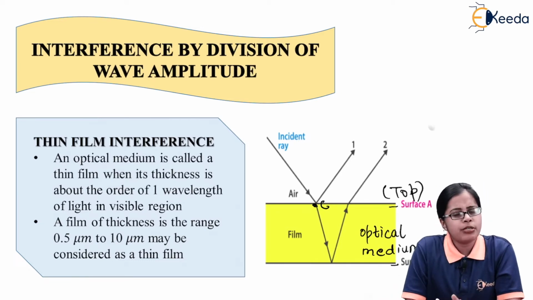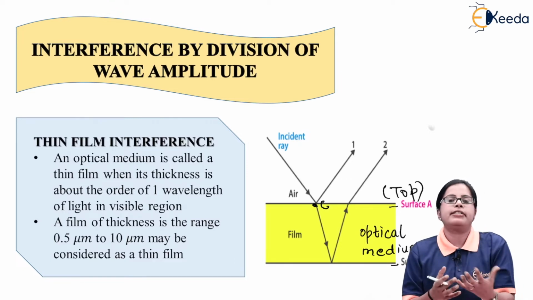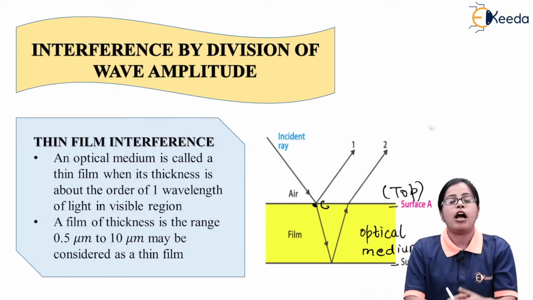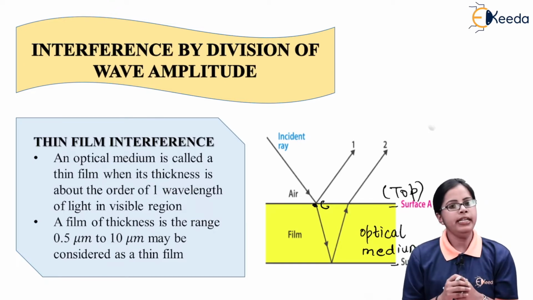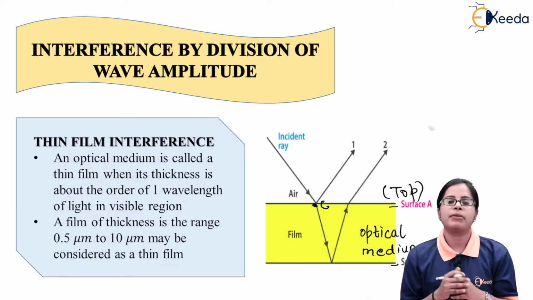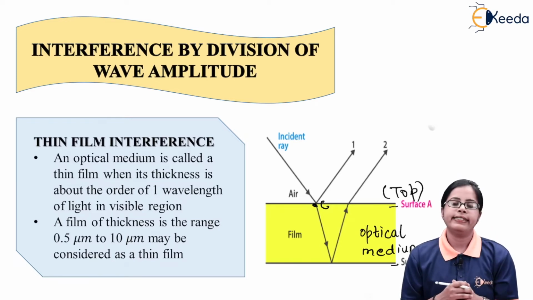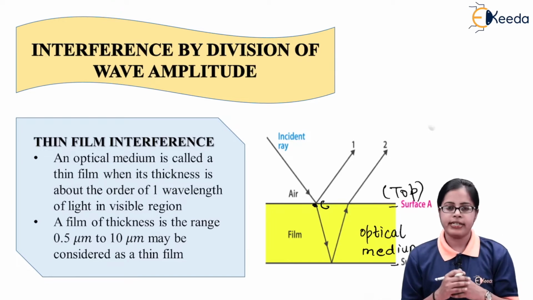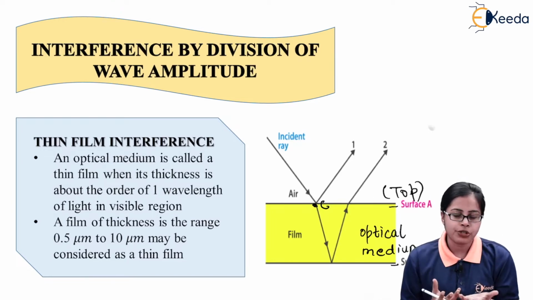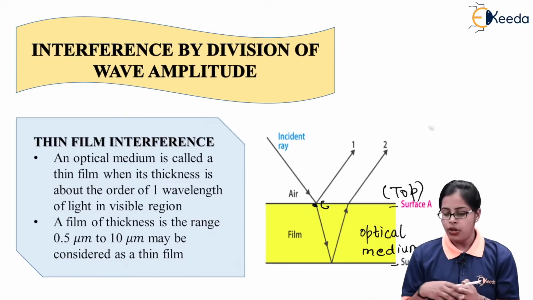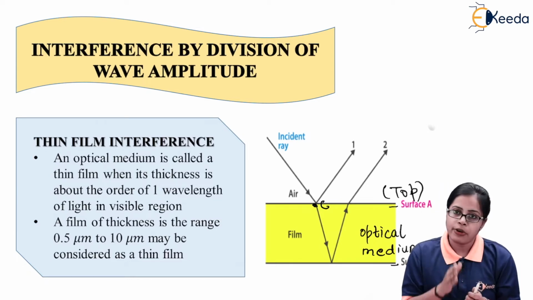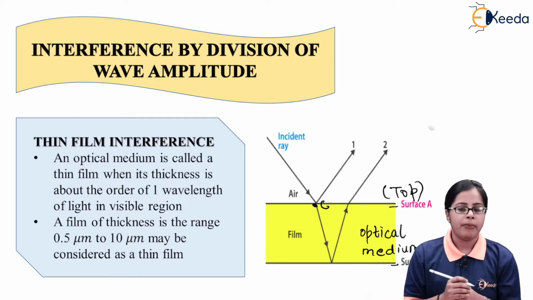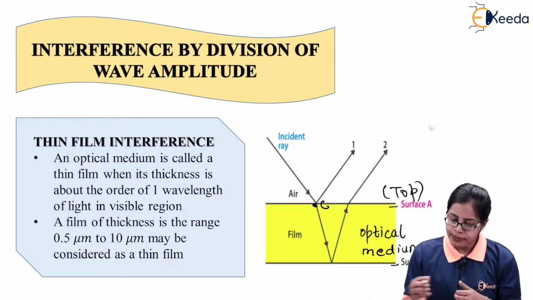Now, the most important thing is how much of the incident ray is undergoing reflection and how much is undergoing transmission. So please keep in mind that whenever this thin film concept is considered, the incident ray undergoes strong transmission and weak reflection. So a small part of the incident ray will get reflected, and the major part of the incident ray is going to get transmitted into this film medium, or you can say the optical medium.